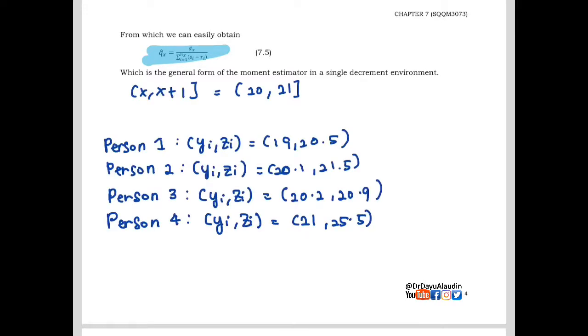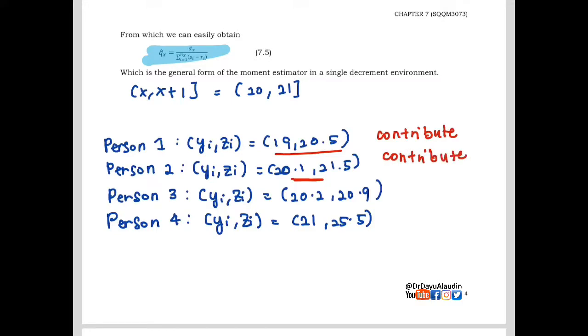Now let me show you one example. Let's say you are given the interval estimate x to x plus 1 is 20 to 21. First, we define whether the entry and exit ages for each person are included in the estimate or not. The first one is 19 to 20.5, so it is included in the interval estimate 20 to 21. It contributes. Person 2 also contributes, because at least there is some point included in 20 to 21.